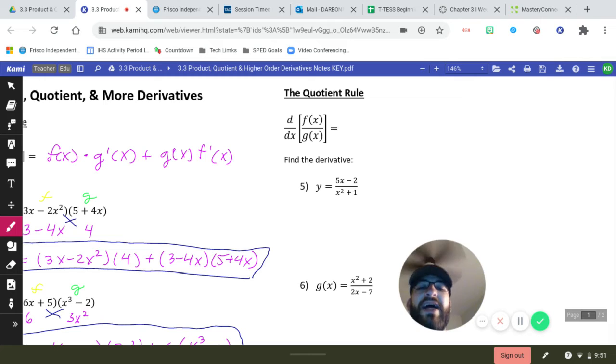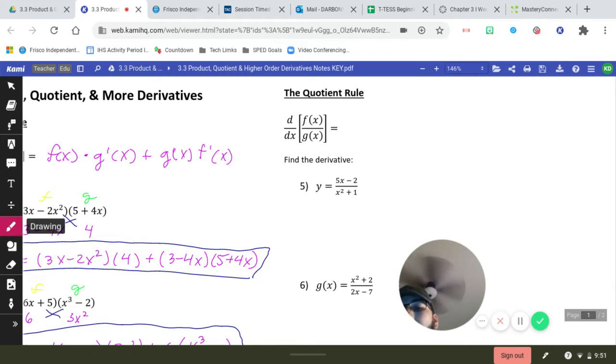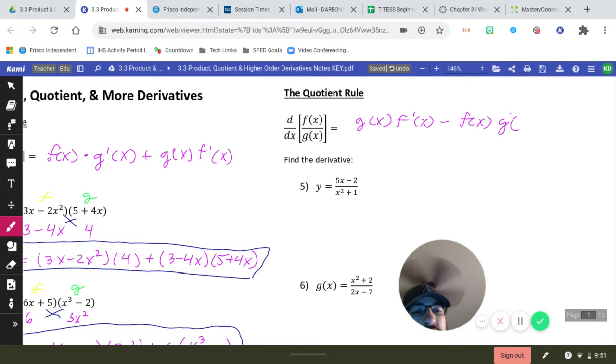So if we have d dx of f of x over g of x, that is equal to g of x times f prime of x minus f of x, g prime of x, and a little extra twist, all over g of x squared. Okay, so a little extra pizzazz.